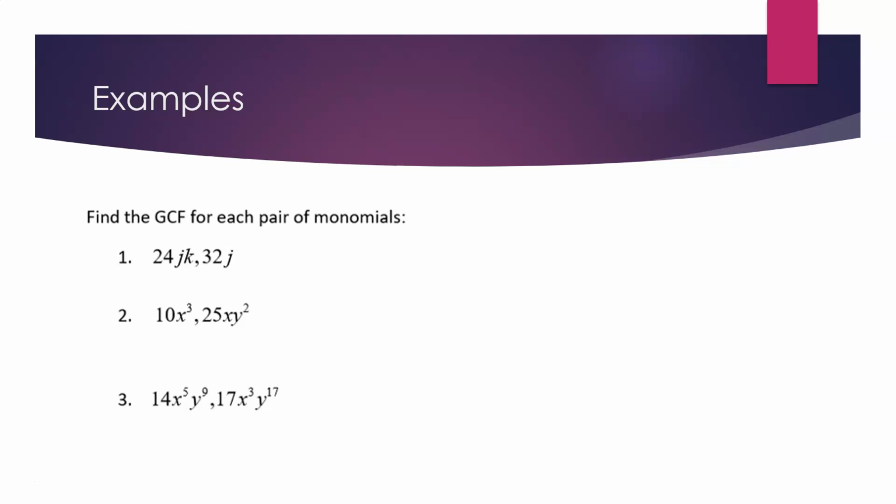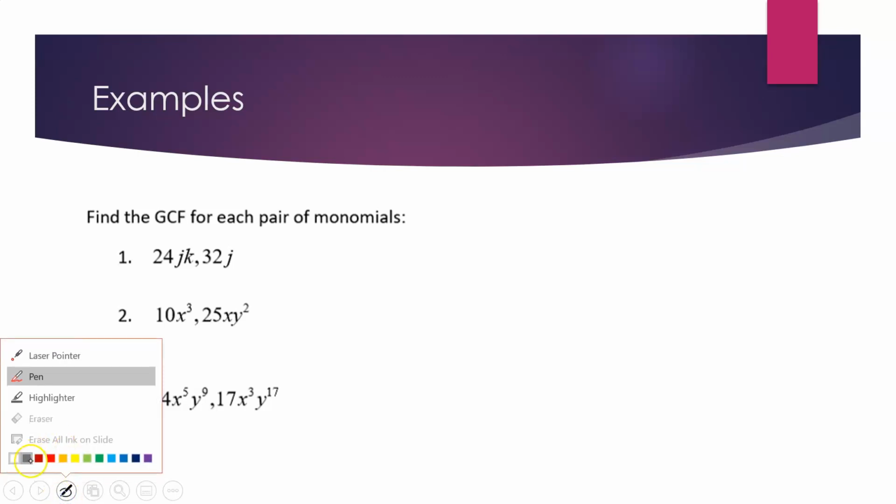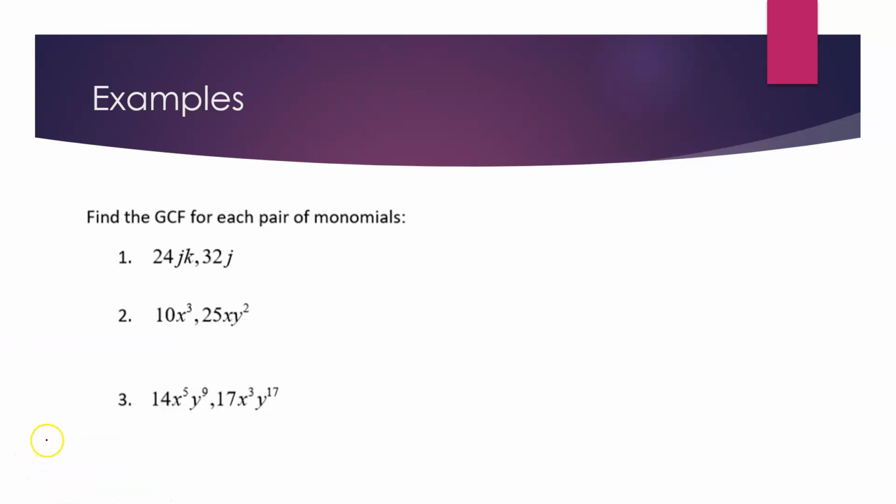Find the GCF of each pair of monomials. I'm going to teach you two separate ways to do this. The first way is you can make a list of all of the factors in each term. So let's list the factors of 24JK.